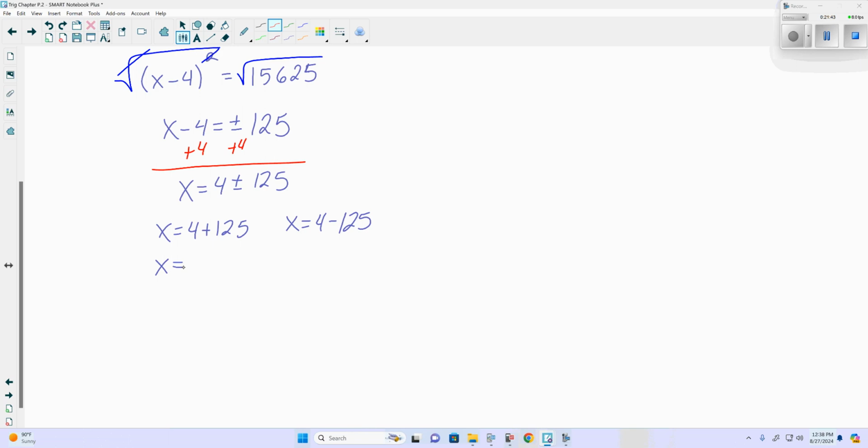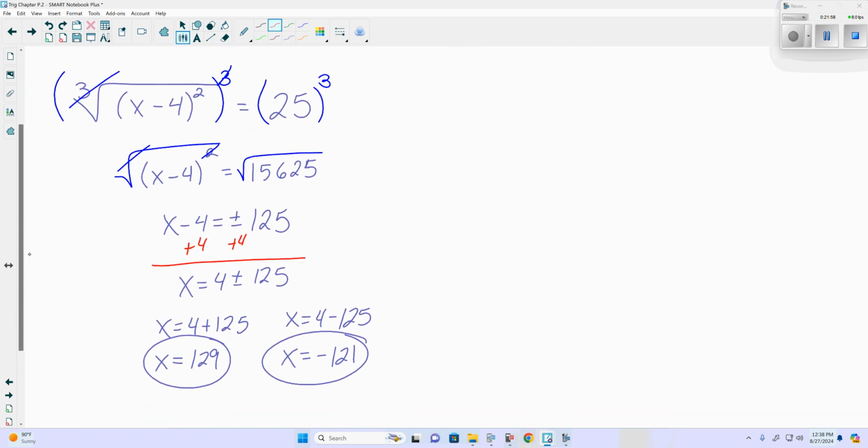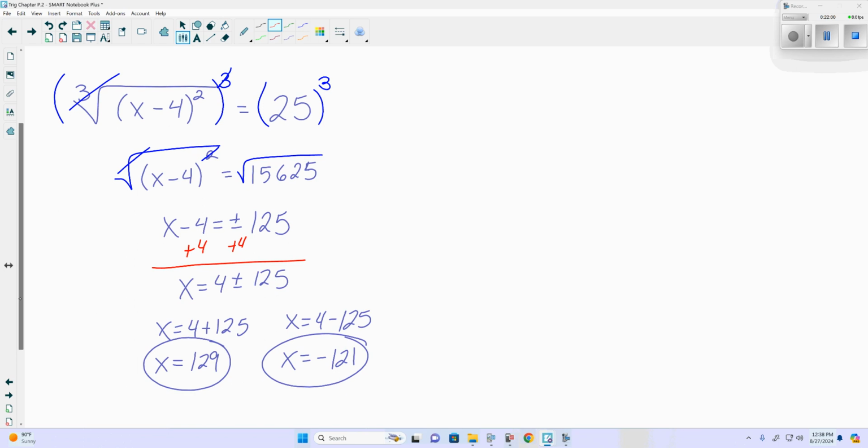Well, 4 plus 125 is 129, and 4 minus 125 is negative 121. Questions on how we got these two solutions here?